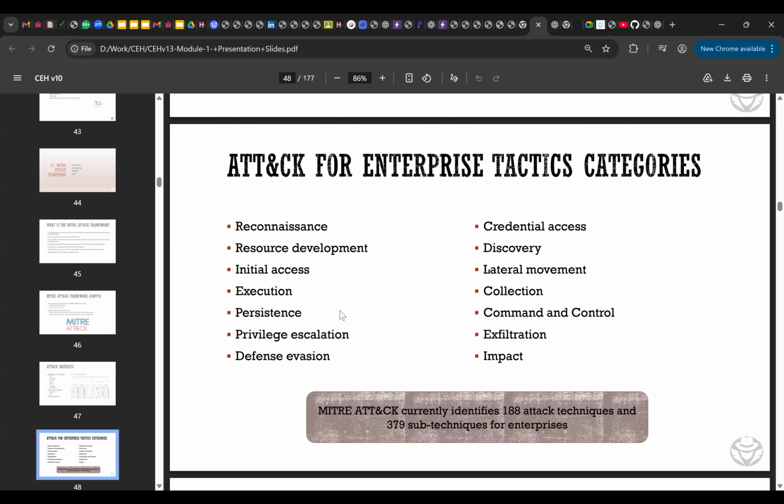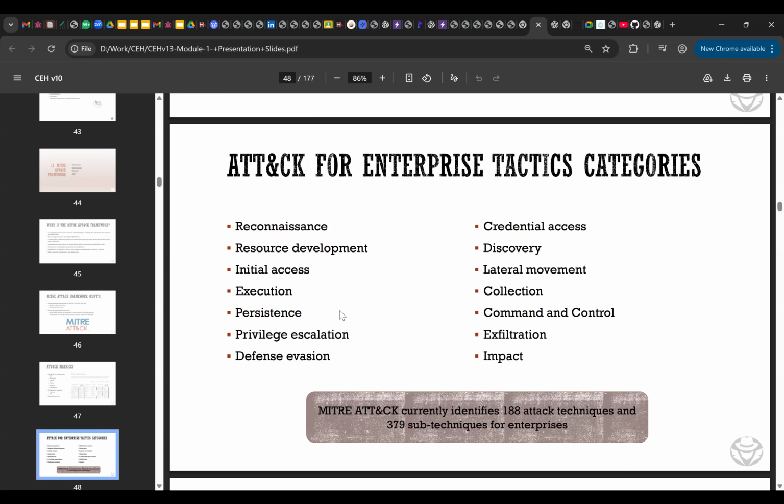Next is discovery. Discovery means identifying the critical files or sensitive folders present on the target machine.